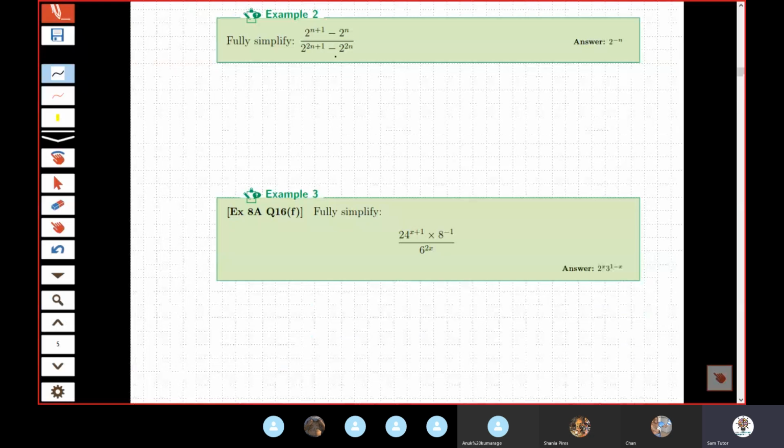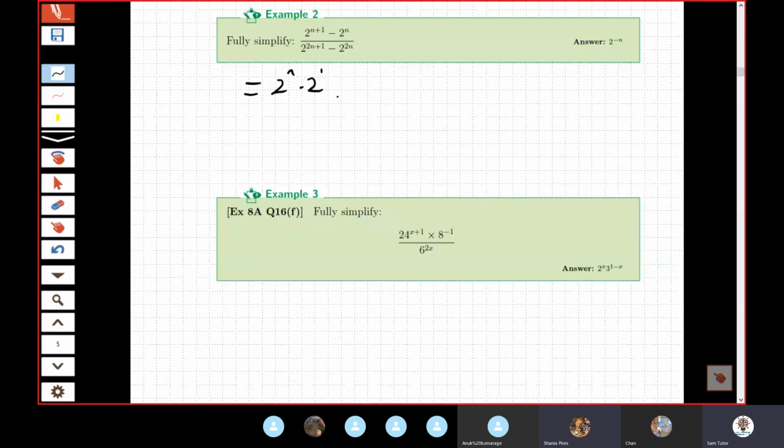Obviously this is more of a revision of term 1. 2 to the n plus 1. Can anyone tell me how to break up 2 to the n plus 1? 2n plus 2n1, yeah, you were close. 2n times 2 to the 1.